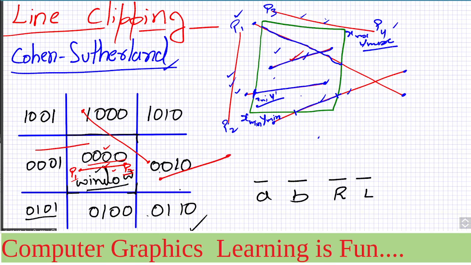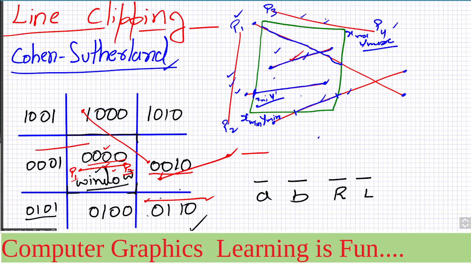The code for both the endpoints here is 0 0 1 0. Or if the line is totally here, then it is 0 1 1 0. Whatever the code is, it is the same for both the endpoints.